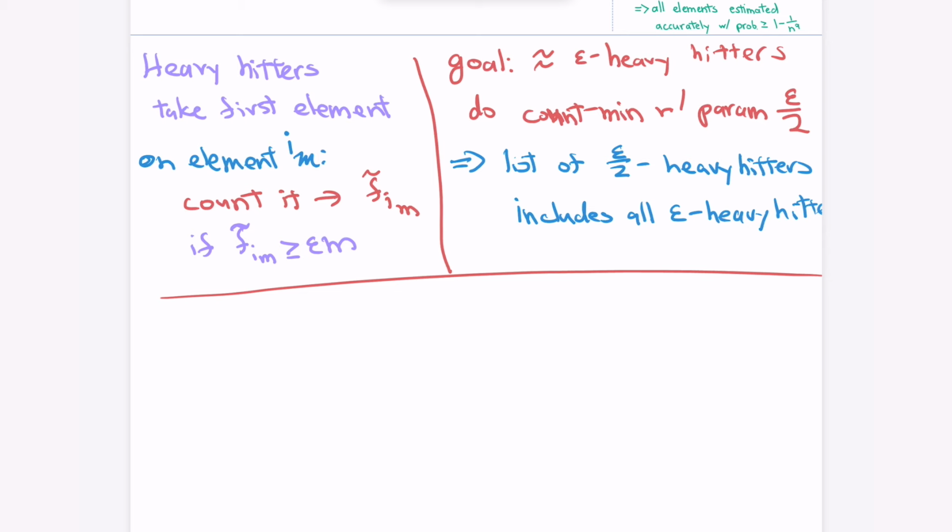So at the end of the whole thing, we'll have this data structure that is taking in definitely any epsilon heavy hitter. And it might also take in some extra epsilon over 2 heavy hitters. But the good news is that, as far as the space constraint, which is the practical constraint, is concerned, there's only 2 over epsilon, epsilon over 2 heavy hitters. So we won't have too many of these things in our bag.